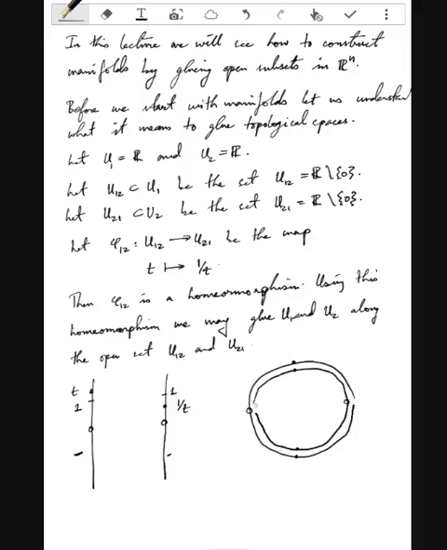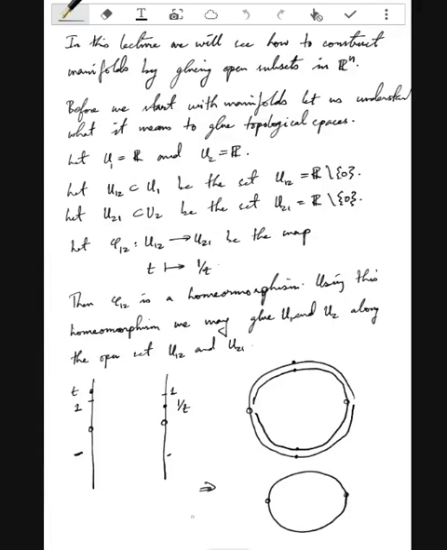So when we join these two using phi12, we will get this topological space.